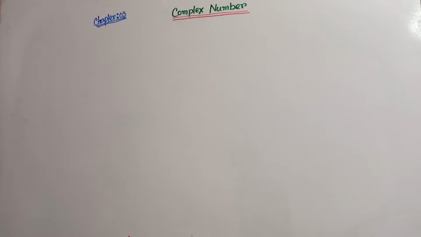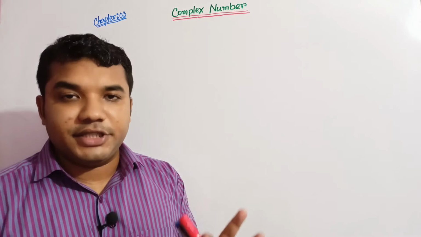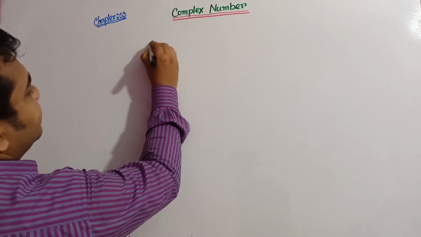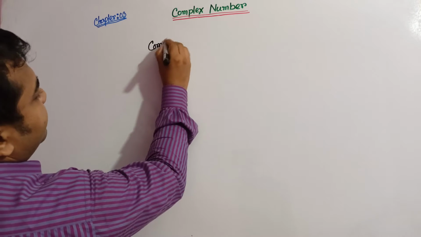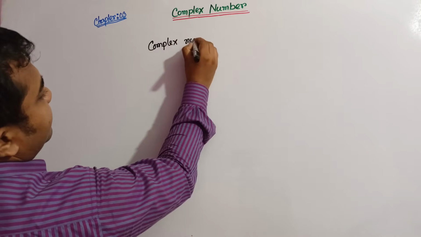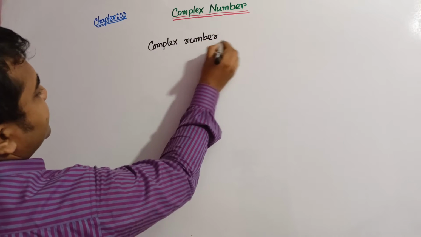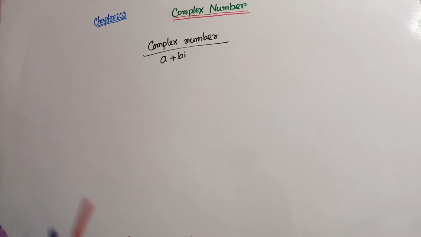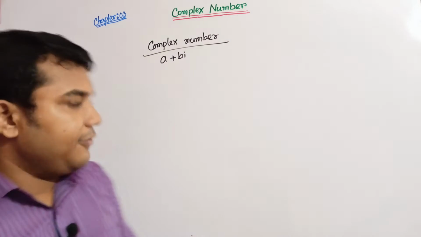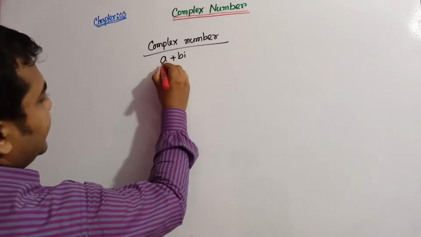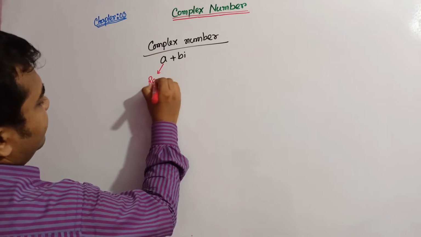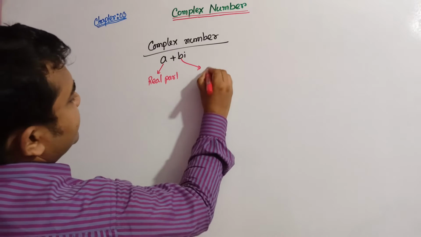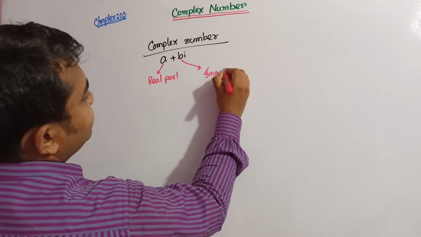Generally a complex number has a standard shape. It generally looks like a plus bi, a plus bi type, and here a is the real part and b is the imaginary part.